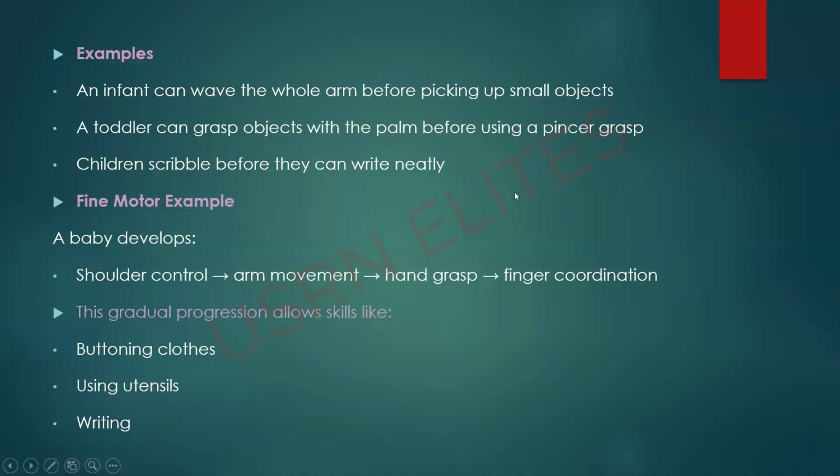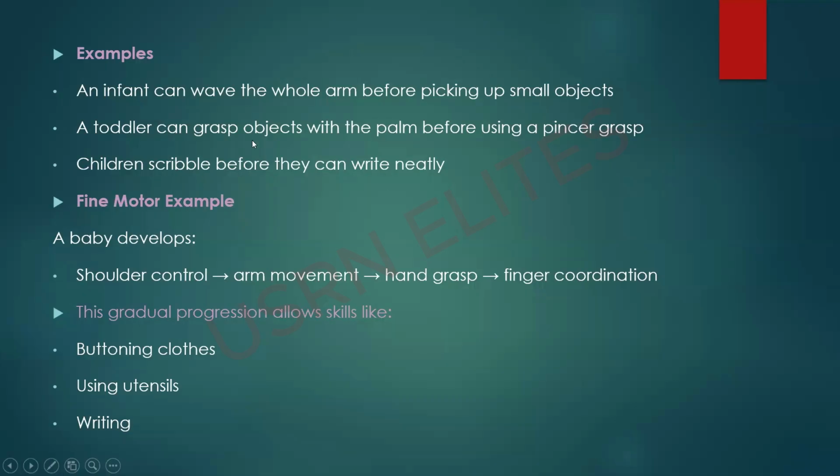Those pincer devices. Some of us here, you know, right? Okay, so that is it. The infant will be able to move the whole arm before picking up small objects. A toddler can grasp objects with the palm before using a pincer grasp.